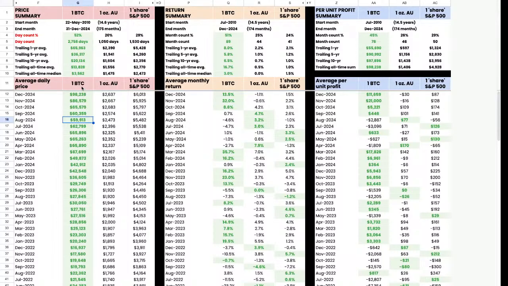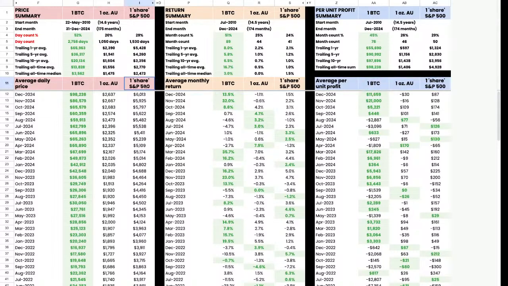So here we got 1 Bitcoin, 1 ounce of gold, and 1 share of the S&P 500. And we're repeating this down across the columns here. So you look at average return, you got the same 1 Bitcoin, 1 ounce, 1 share, and the average per unit profit, 1 Bitcoin, 1 ounce of gold, and 1 share of the S&P 500.